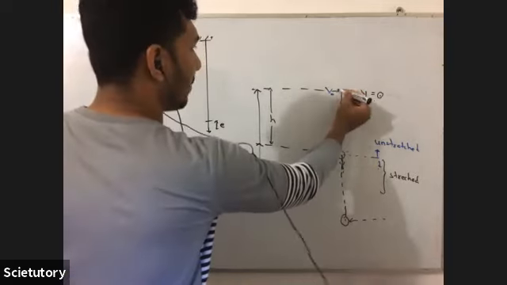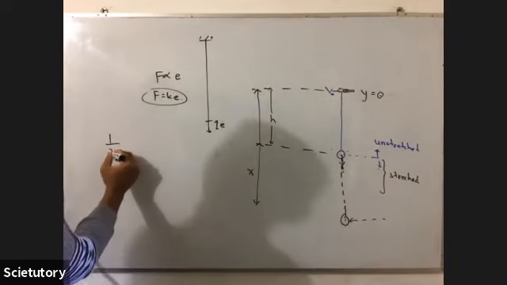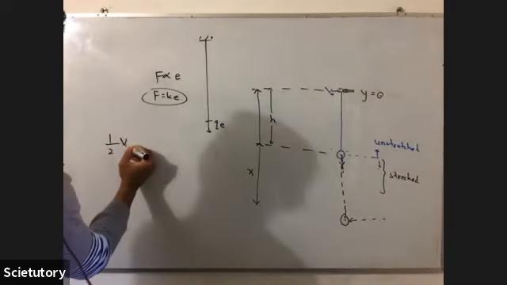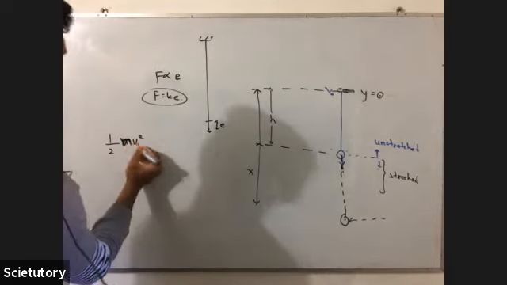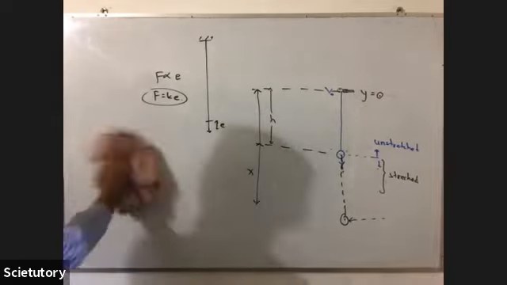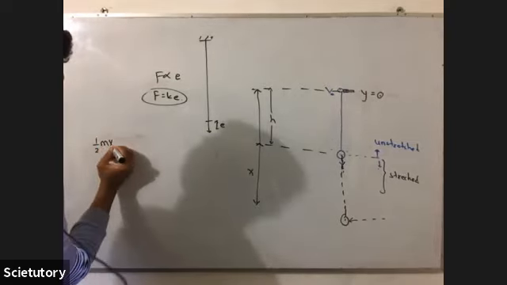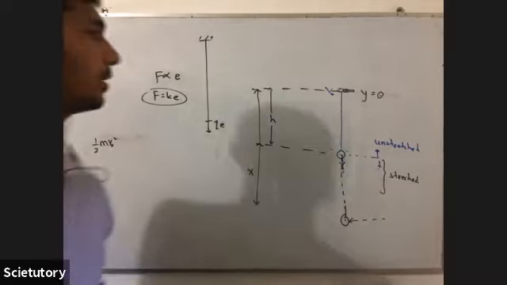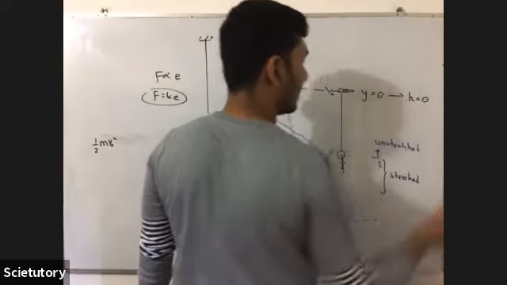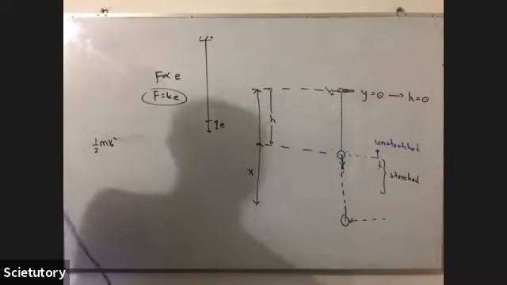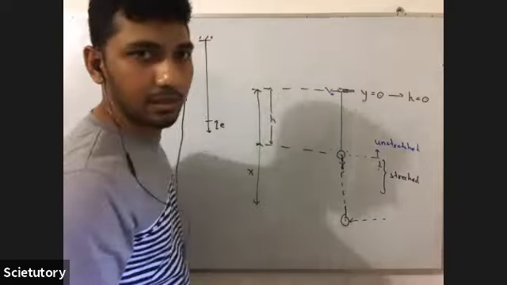So let's start from here. It has an energy of half mv naught squared. I'm going to take this point as the level of h equal to 0, so the h will be measured below that level in minus values.